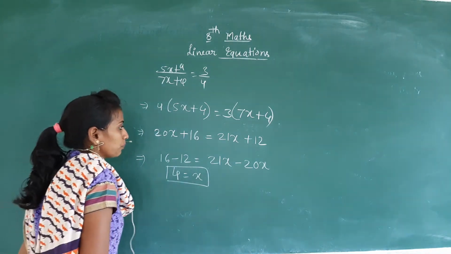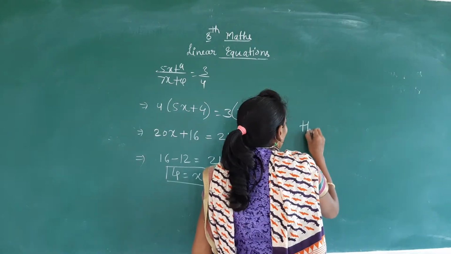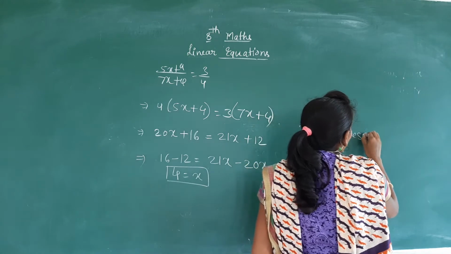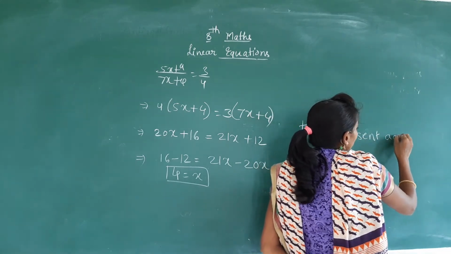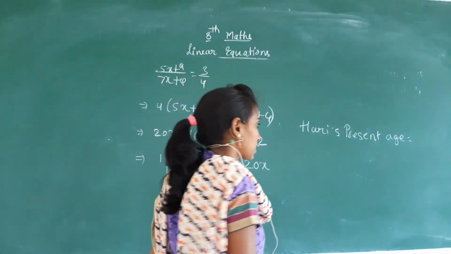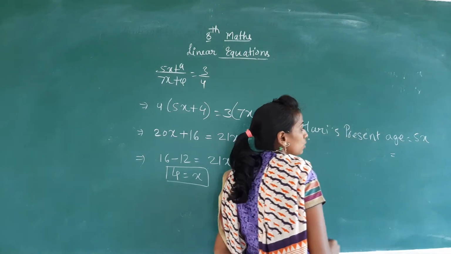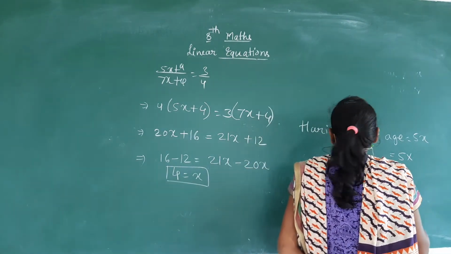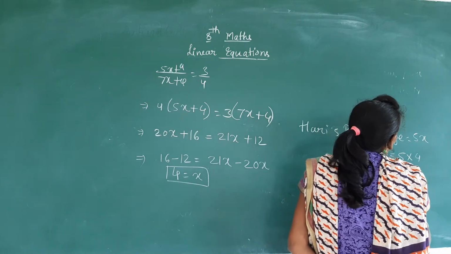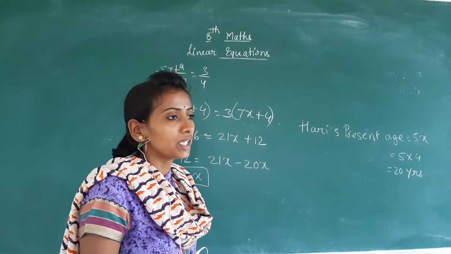Now we will find Hari's and Harry's present ages. What have we taken? Hari's present age is 5x. We will put the x value here. 5 into the x value, 4, that is, Hari's present age is 20 years.